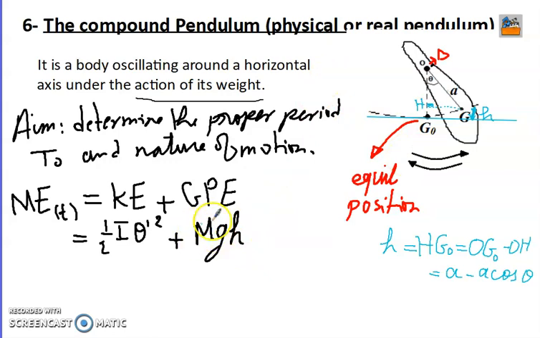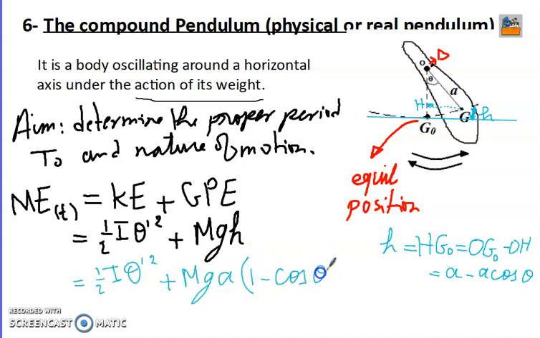The total mass of the body. Clear? So we get half I theta prime squared plus mgA into 1 minus cosine theta. Okay, that's the mechanical energy at any time.